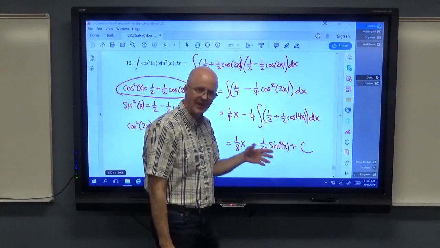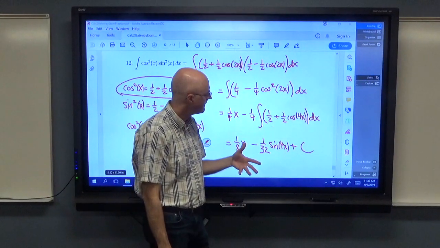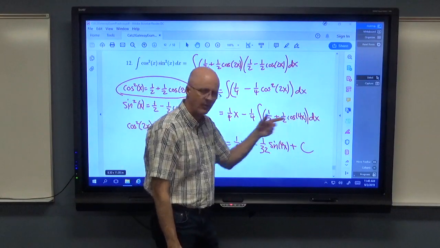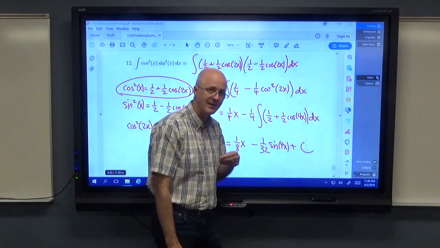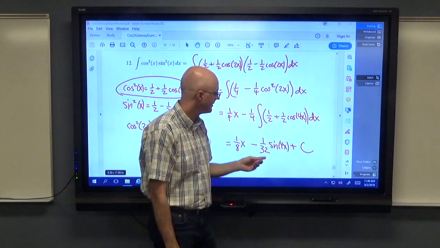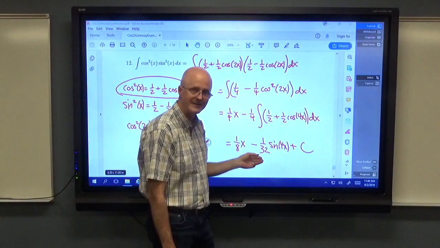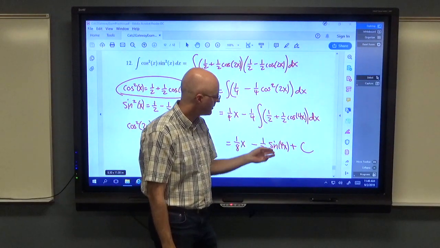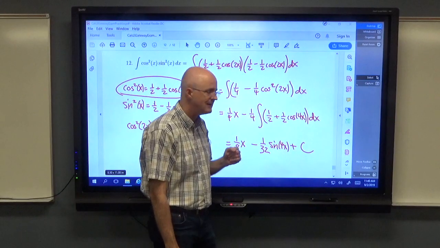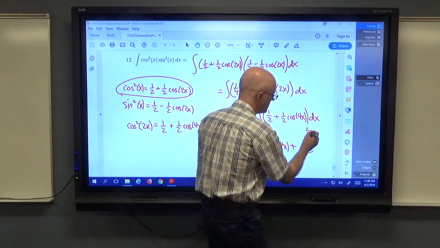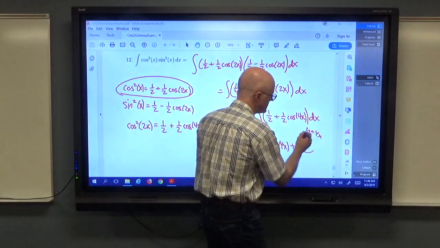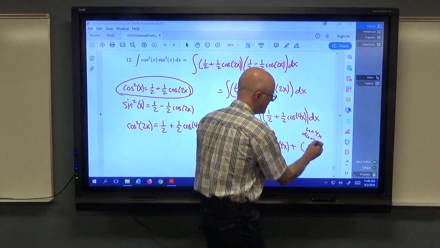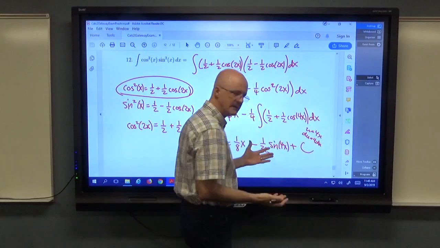Minus 1/4 times 1/2 is negative 1/8. But then when I integrate cos 4x, I'll get another factor of 1/4. 1/8 times 1/4 is 1/32. Integrate cosine, get a sine 4x. If you want to do it with the substitution, u would be 4x, du would be 4dx, dx would be 1/4 du.